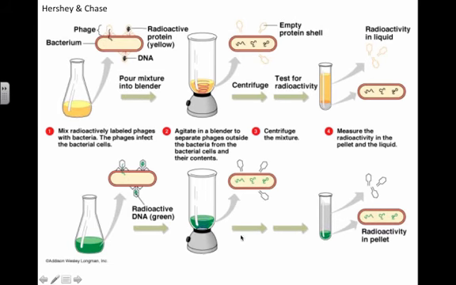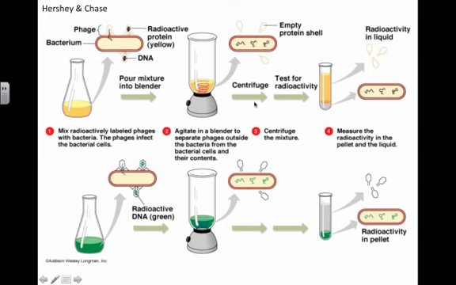So the procedure here basically is you mix the two different things so that you can radioactively label the protein, and in another tube you radioactively label the DNA. And so here we've radioactively labeled the protein, and we did that with the sulfur. And when you allow the phage that are labeled to mix with the bacteria, you blend them up, chop them up, and that causes the particles to fall off.